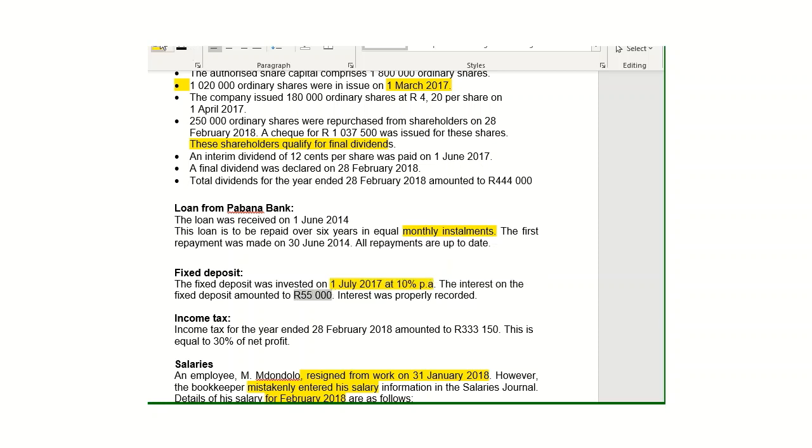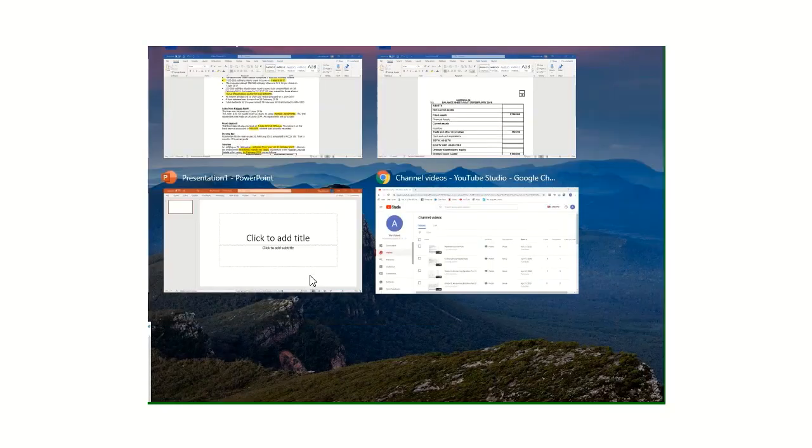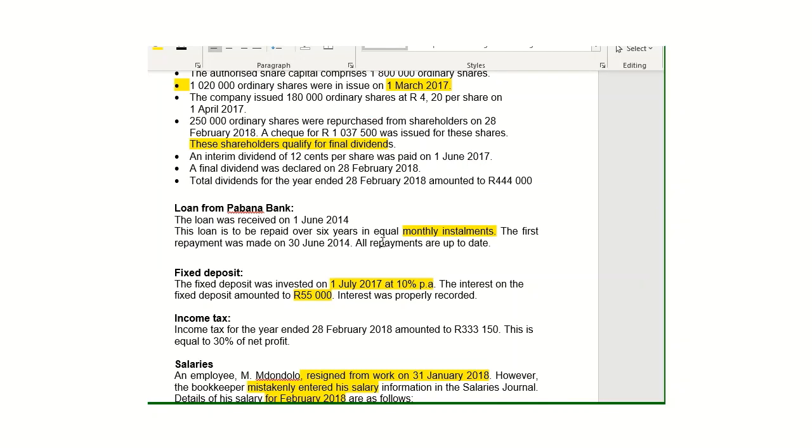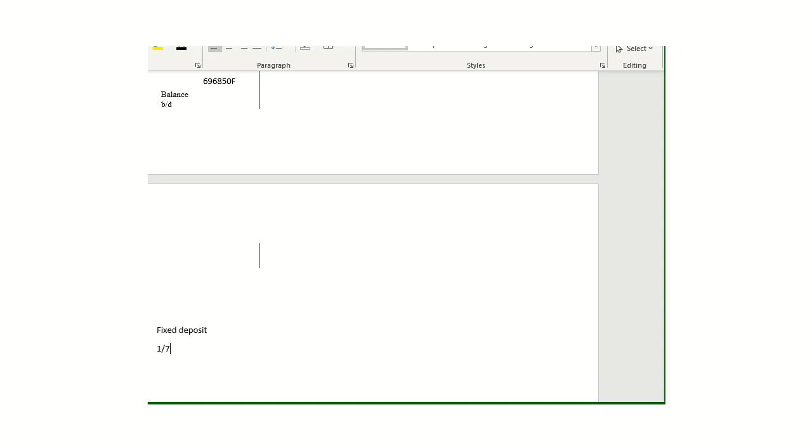My fixed deposit was made on the 1st of July 2017. The interest rate was 10%, and the interest itself is 55,000 for this period.